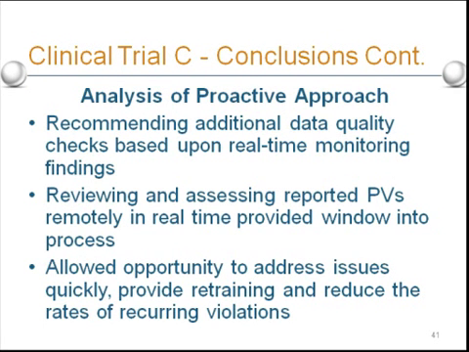We definitely took a more proactive approach versus a reactive approach that we did in clinical trial A. We recommended basically additional data quality checks based on real-time monitoring findings, and we reviewed these PVs remotely in real time, which again provided us great windows of opportunities to look into processes, and it allowed us to address the issues quickly.